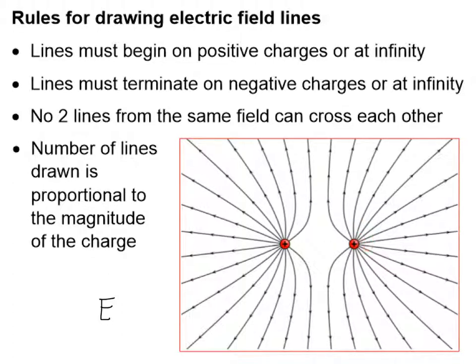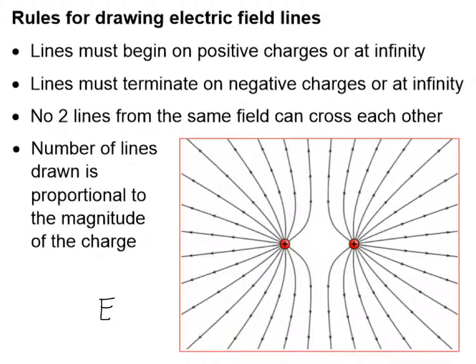So right here, where the field lines are closest together, the electric field strength is the strongest, and where the lines are furthest apart, the electric field strength is the lowest.